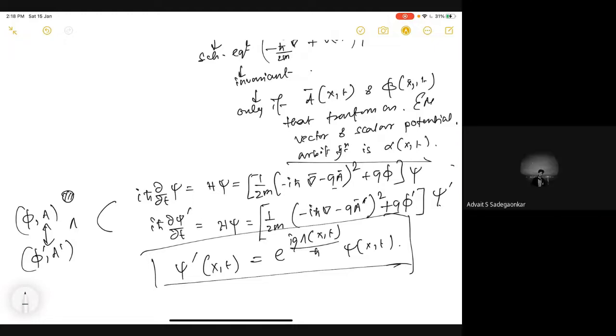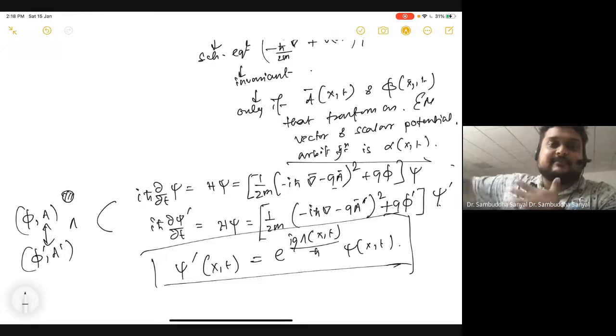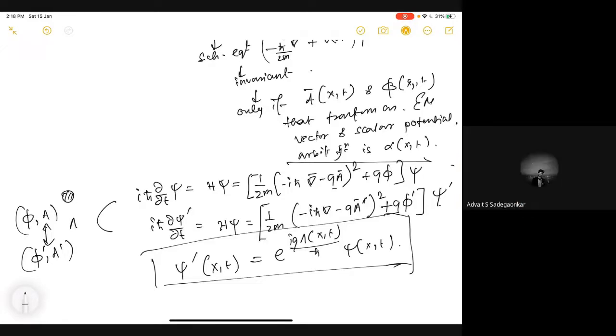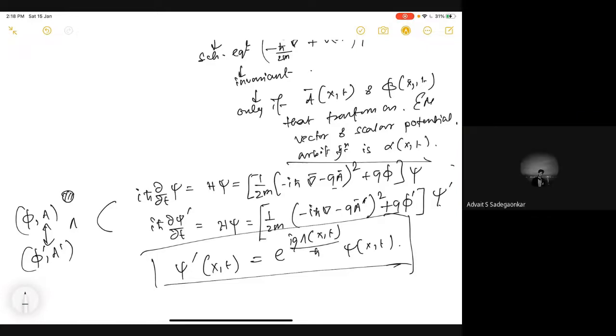But apart from A and phi, there can also be other functions which can help in making the Schrodinger equation gauge invariant, right? You need to keep it this way. What do you mean by other functions? Functions that don't transform in that way? There can be some other potential V, but that doesn't matter, since it's just a multiplication.